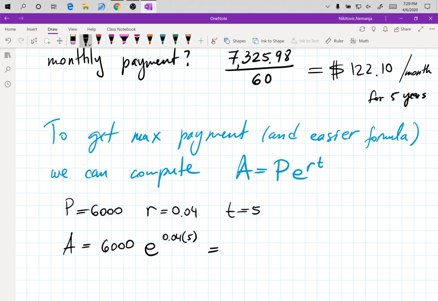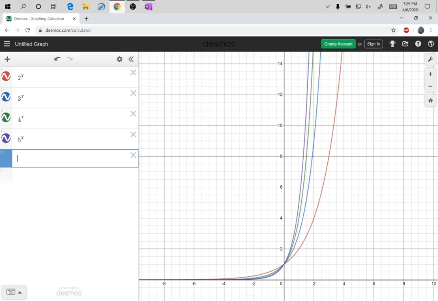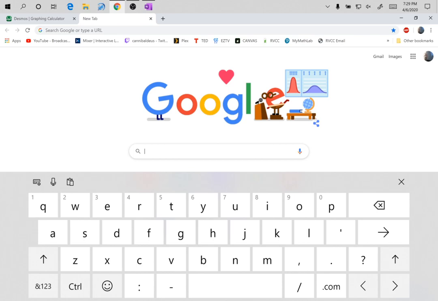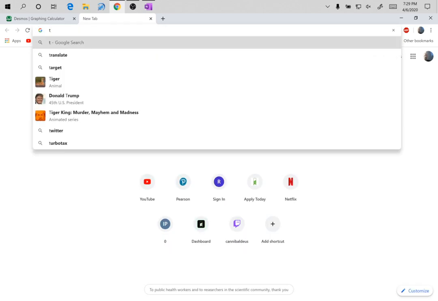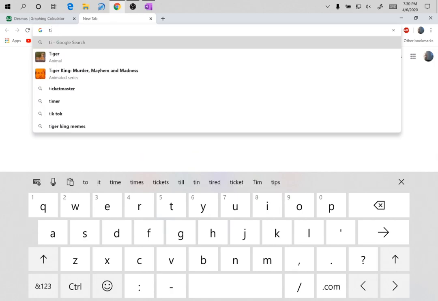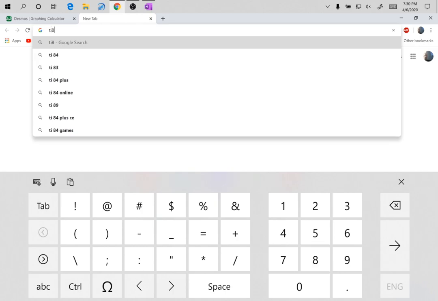So let me get over here TI-83 or 84, that doesn't matter. Why did you kill my keyboard? TI-83. There we go.